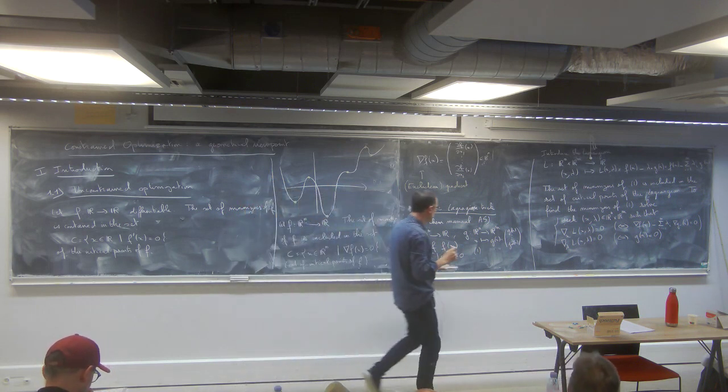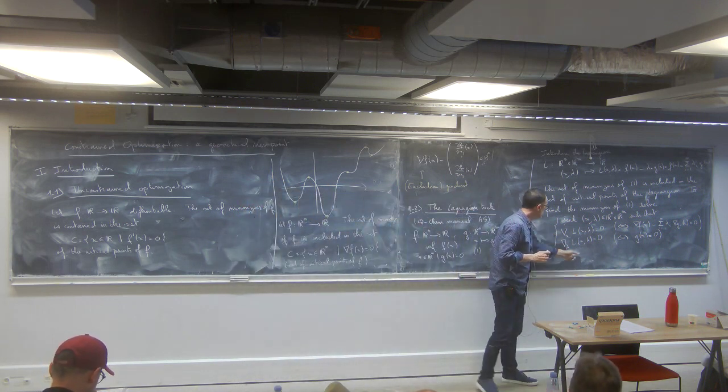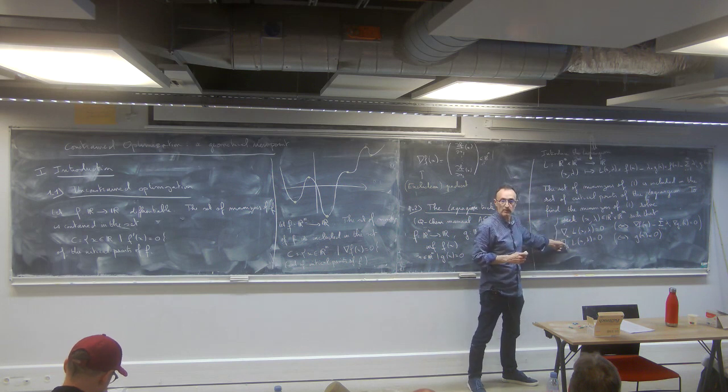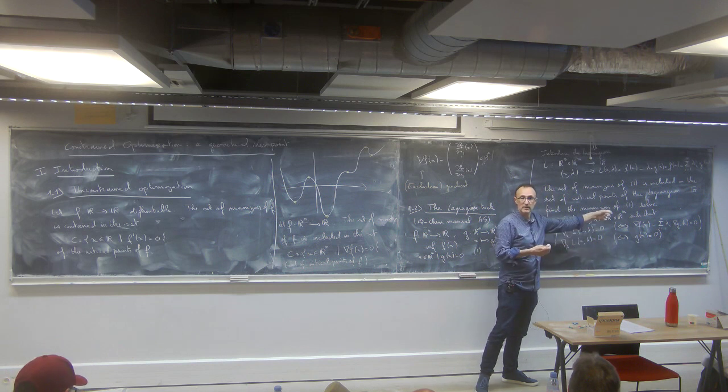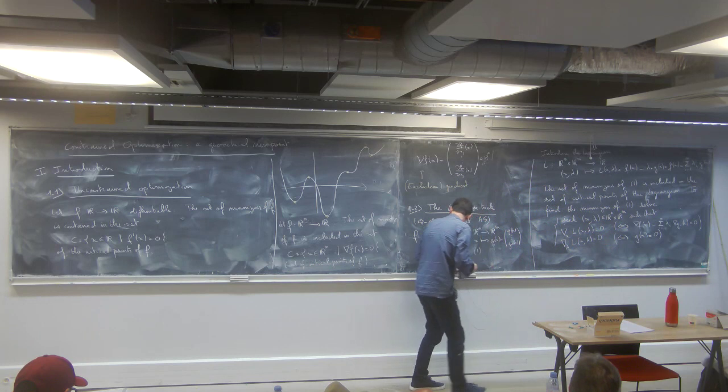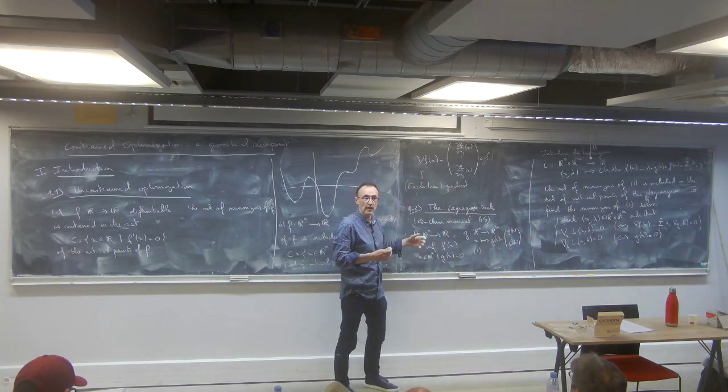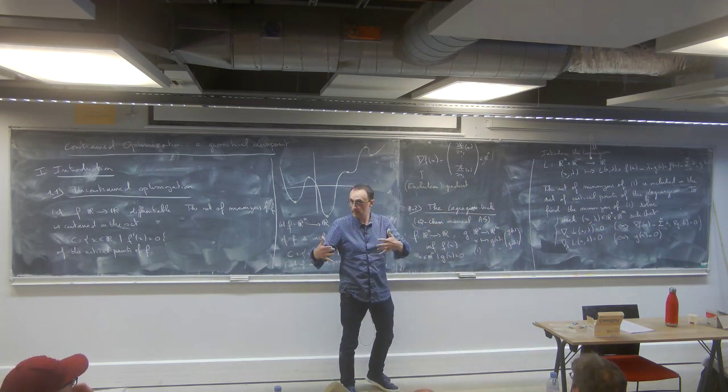And observe that now this is a problem with n plus m scalar equations with n plus m scalar variables. Okay, so I have enlarged my problem. I started from a problem with n variables. Now I have a problem with n plus m variables.